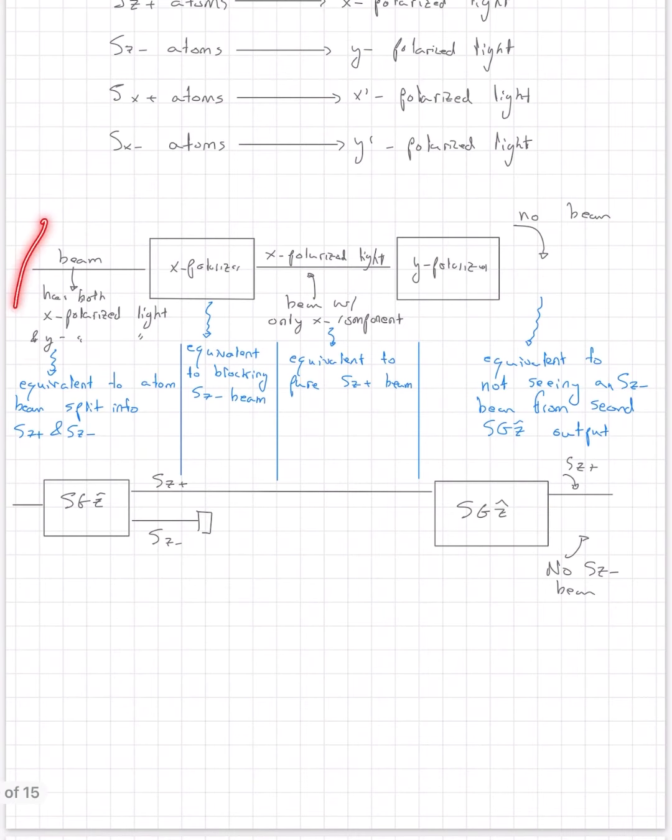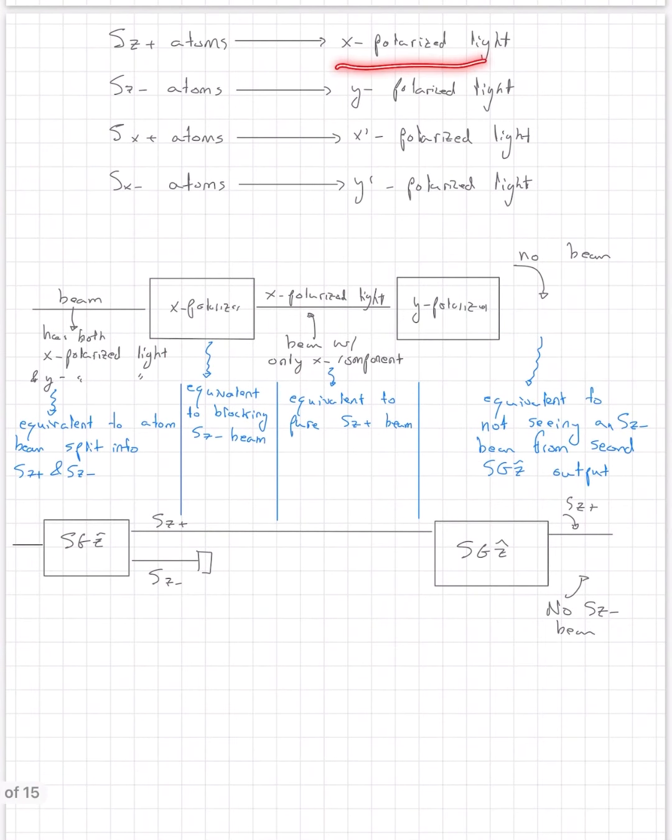This beam here, which was unpolarized light, which means it has equal amounts of X polarized light and Y polarized light, represents the beam exiting our first Stern-Gerlach device that's pointing in the Z direction. So this would represent an atom beam that has SZ plus and SZ minus. Then what we did in our experiment is that we blocked the spin down component, and this is basically what the X polarizer is doing.